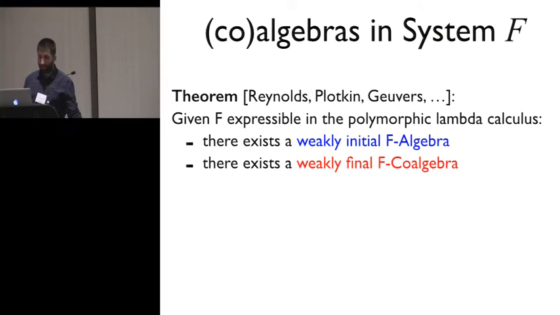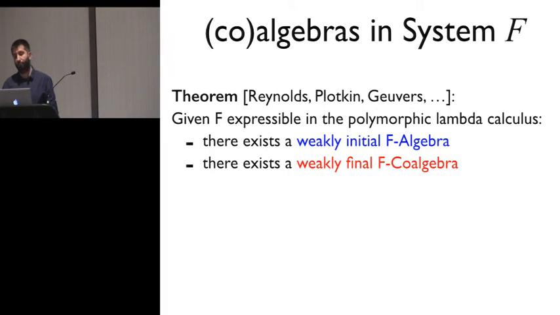Okay, so why do I focus on the notion of weakly initial algebra and weakly final coalgebra? Because it is a well-established result that in System F, this is what we can encode.